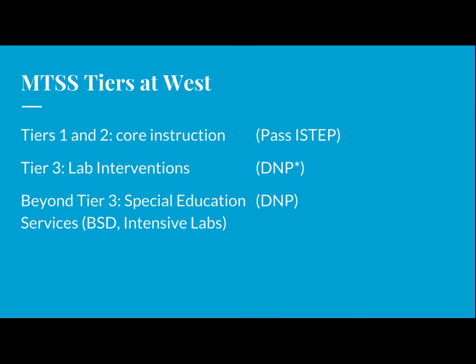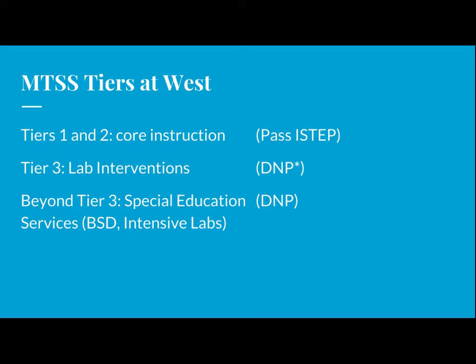So at West, we have determined what these different tiers look like and who is seated in these tiers. Tiers 1 and 2 are our core instruction. These are students at our school who have passed I-STEP. Tier 3 is for students who have not passed I-STEP, but they've only missed it by 25 points or less.